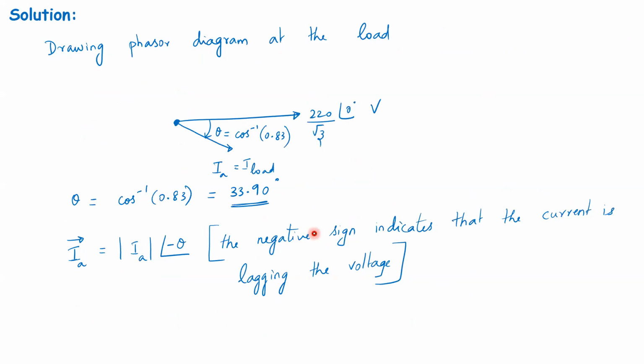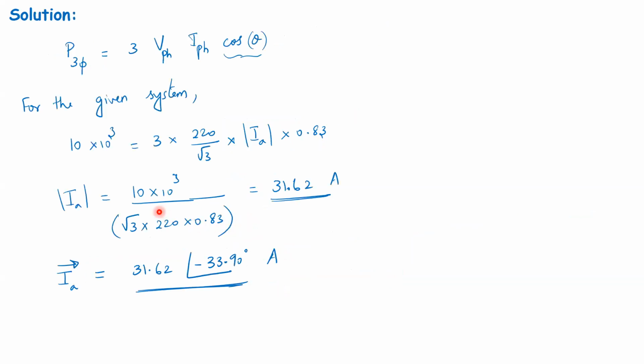Once I assume voltage as the reference, based on the problem statement, I get the phasor relationship between the voltage and the load current, which in the circuit also happens to be the armature current. The armature current is something that we can obtain using the power equation: the total power consumed by the infinite bus divided by 3 times the phase voltage, 220 divided by root 3.